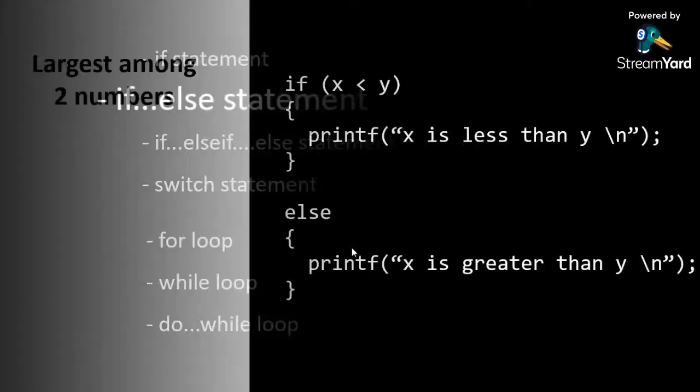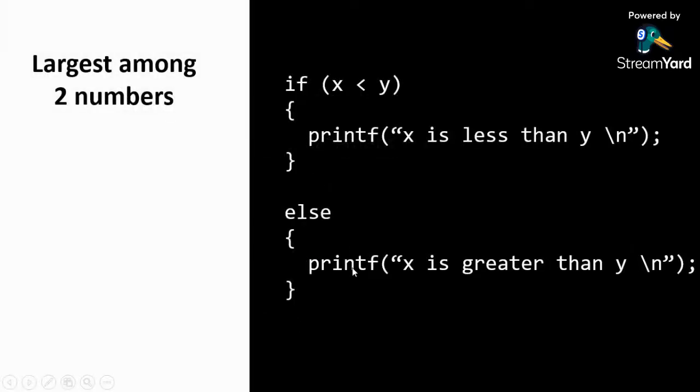Next comes if-else statements. That is, if the condition I mentioned is false, then what has to happen, I am mentioning. For example, if I have to check which is the largest number out of two numbers, it will check is x less than y. If x is less than y, then it will print x is less than y. Else, by default, we know that x is greater than y, so it will print x is greater than y.